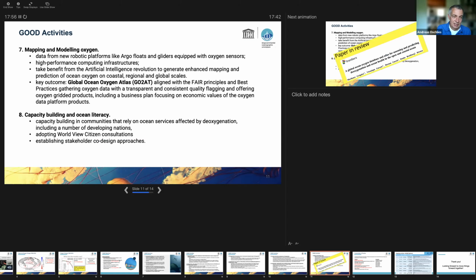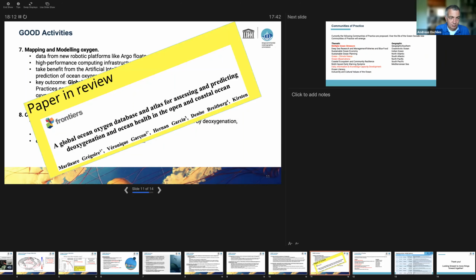And then capacity building and ocean literacy. So citizen science activities are getting off the ground, with close interaction with stakeholders, particularly in the tropical oceans and coastal areas. The first success was a paper, it's in review, it's not out yet, about the Global Ocean Oxygen Database and the construction of the Oxygen Atlas.